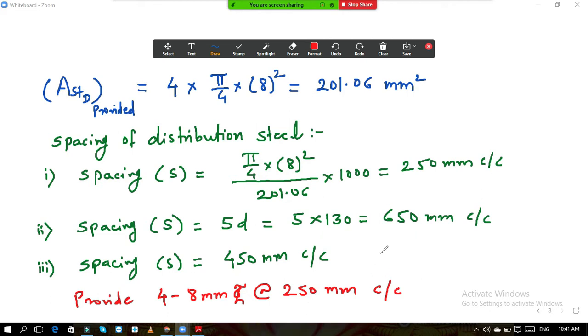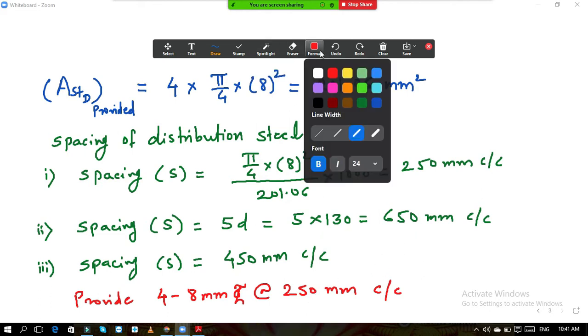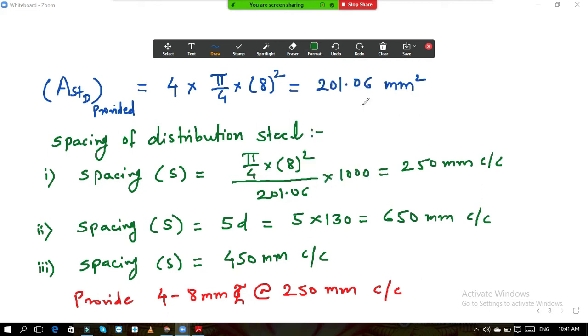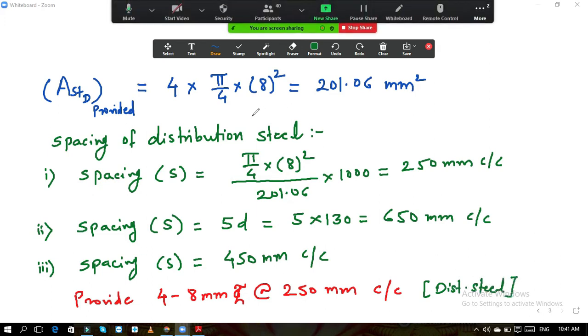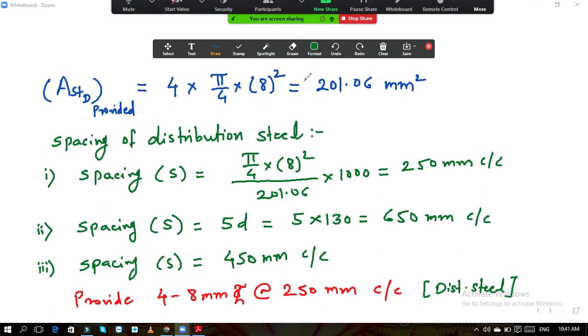And so this is your distribution steel. So now we have calculated the main steel as well as the distribution steel.